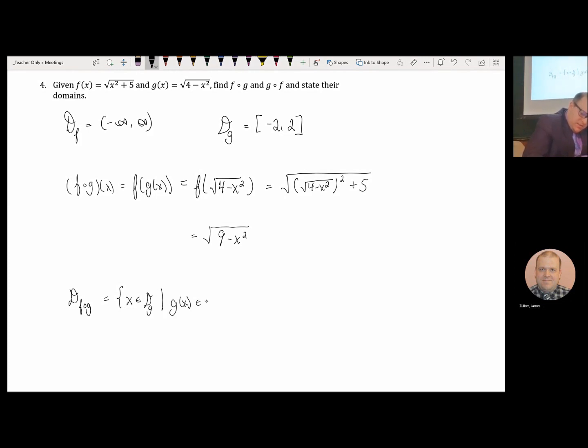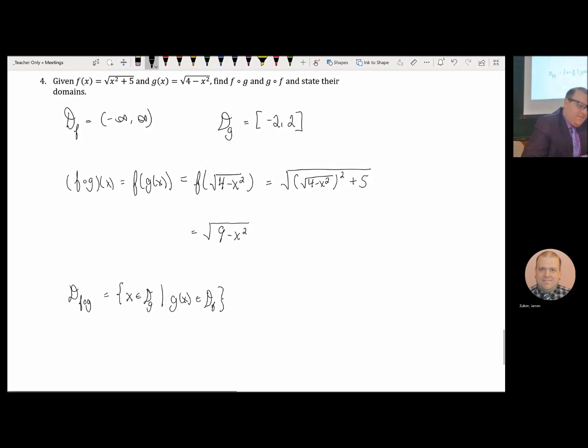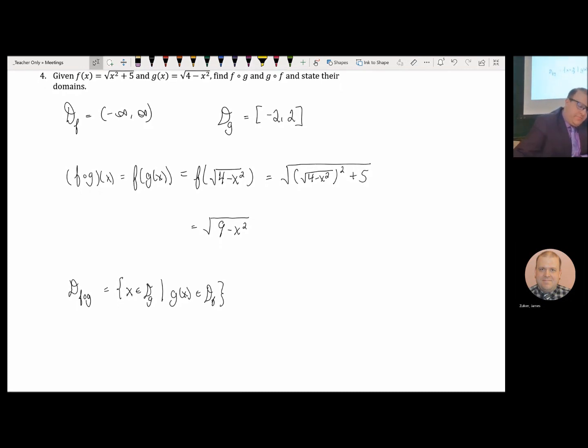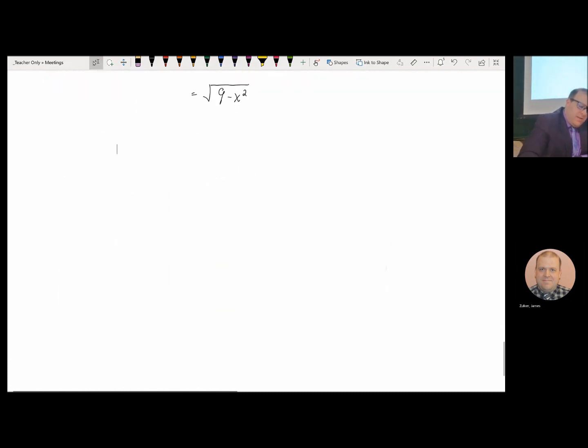G of x in the domain of F. So we want values in the domain of G that make G of x in the domain of F. Okay. For now, let's just say I gave you that function.